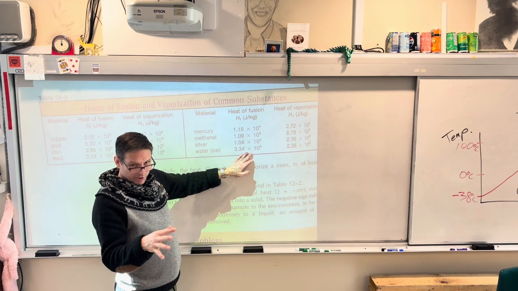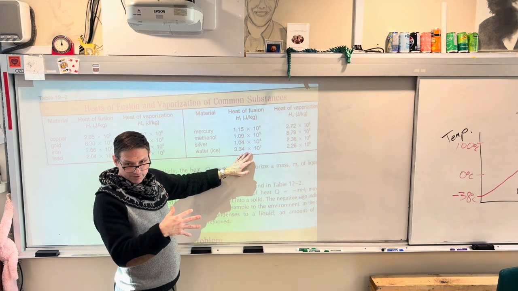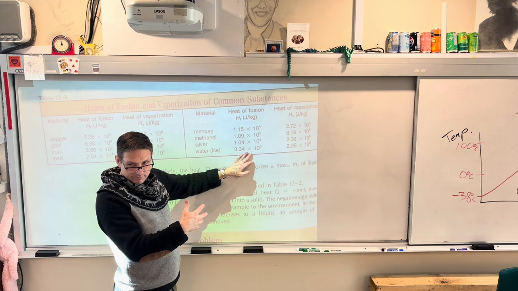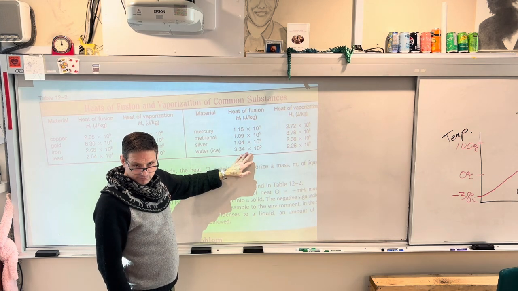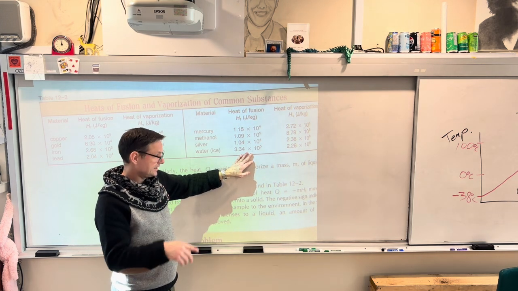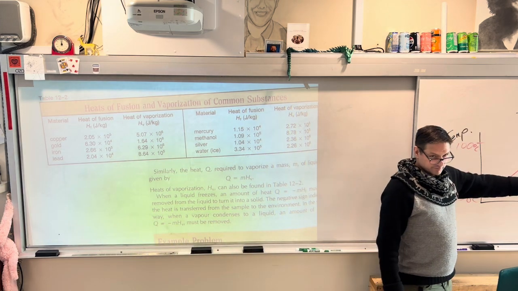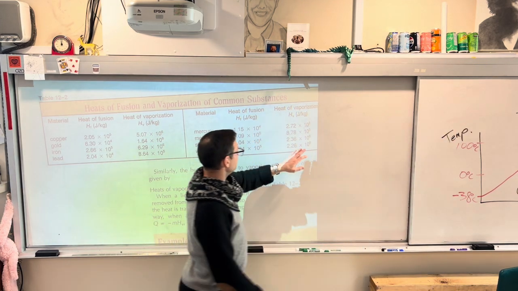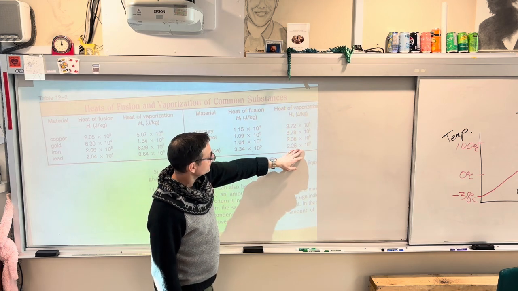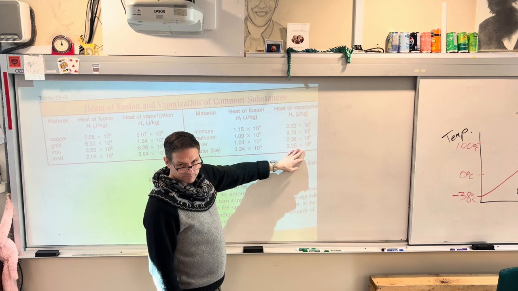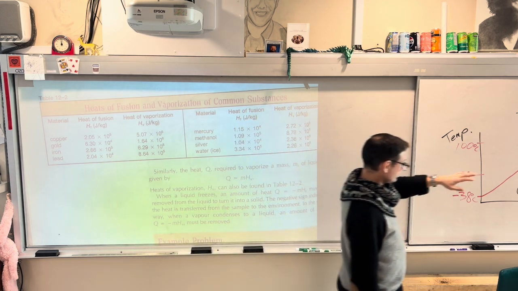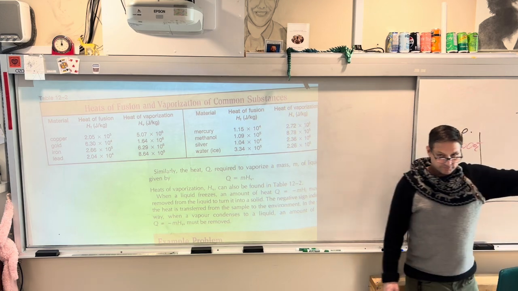That's not like per degree. It's the energy you have to put in to melt the ice. It's just one time. So you put in this amount, and then you're from ice into liquid. And then you put in this amount. This is 2.3 million joules you have to put in to go from liquid to vapor.